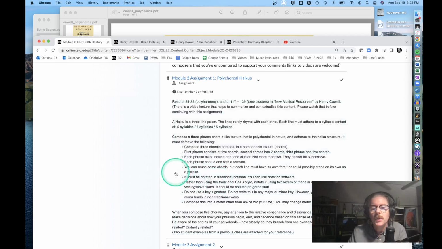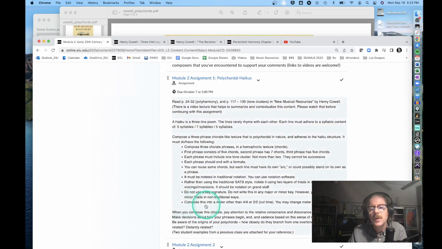You can reuse some chords, but each line must have its own arc or could possibly stand on its own as a phrase. You're ending each phrase with a fermata in the chorale style. But you're not writing it in SATB style like in a theory class. You're just writing 2 layers of triads. You don't need to write a key signature because we're not really utilizing a key.